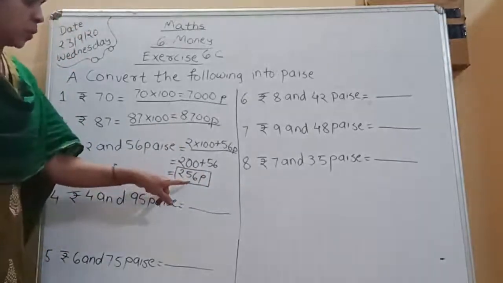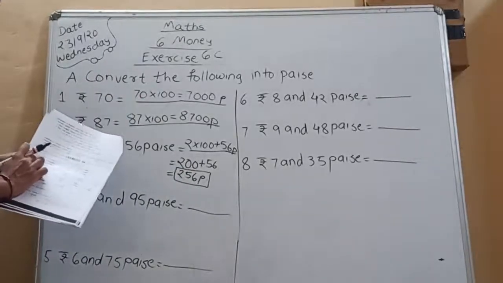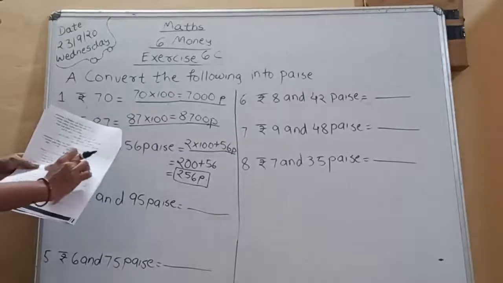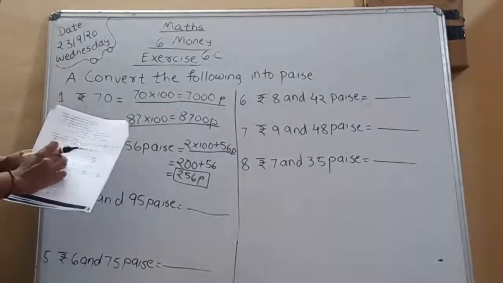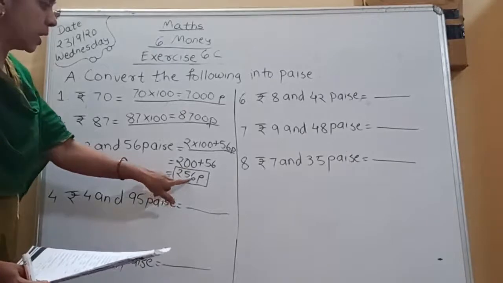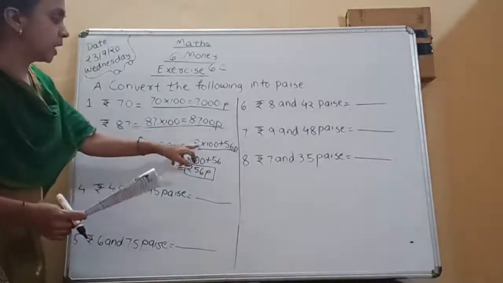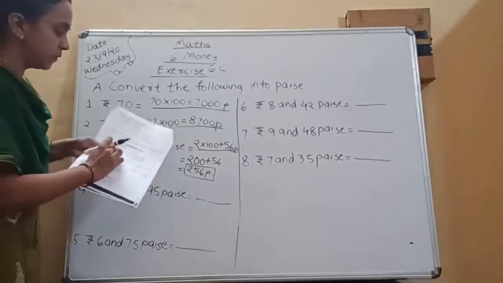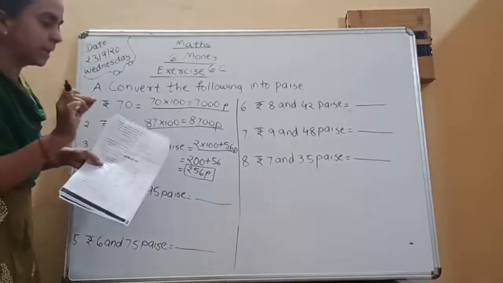Which answer? 256 paise. Third example, you draw all that lines in front of all these examples with your pencil and scale, and you just write down directly the answer 256 paise, because see, there is no space. Then how will you write all these things there? So just write down 256 on that lines. You draw here lines with your scale and pencil.